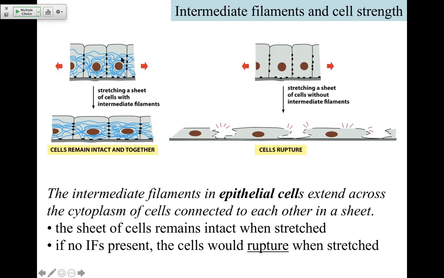Now, each individual intermediate filament does not actually extend into its neighboring cell. What we see is they are associated with the neighboring cell at these junctions, these little black dots. Those junctions we call desmosomes.